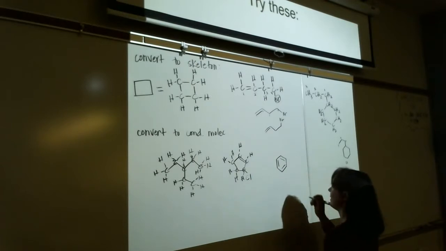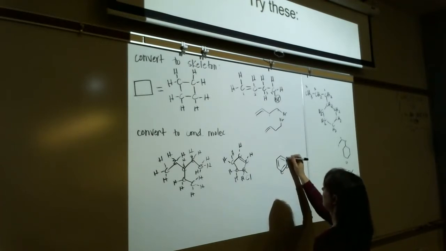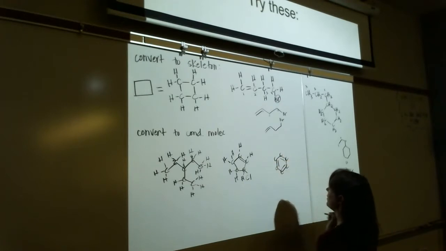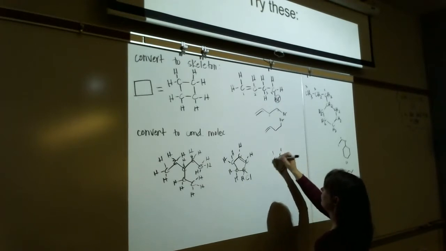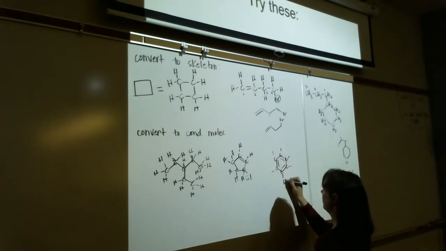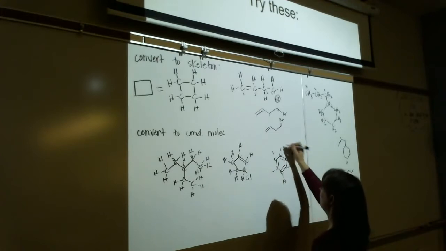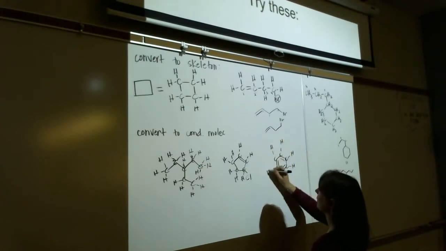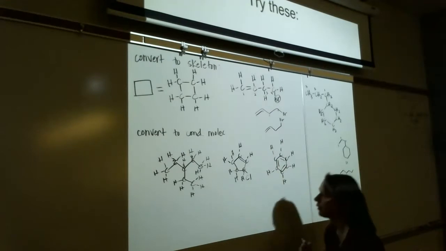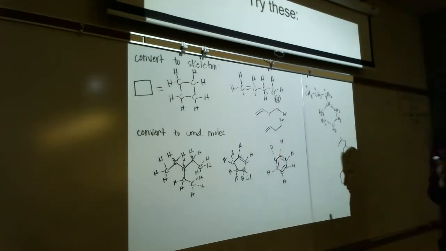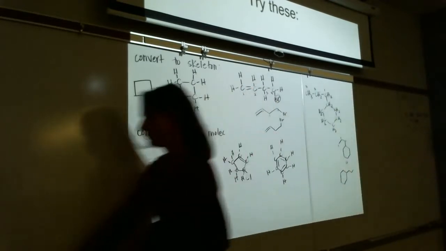And then over here with benzene, every single one of these carbons gets how many hydrogens? Just 1, because every other bond is a double bond. Do we understand how to do this? Feel pretty good? All right.